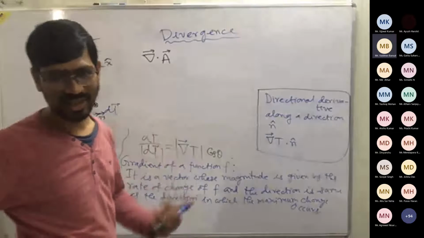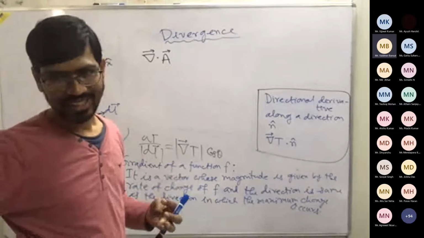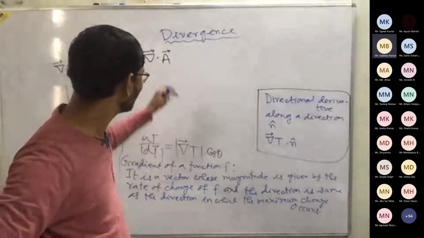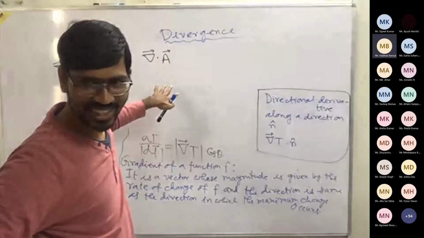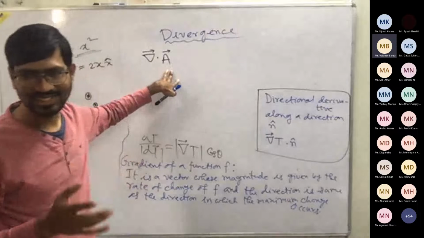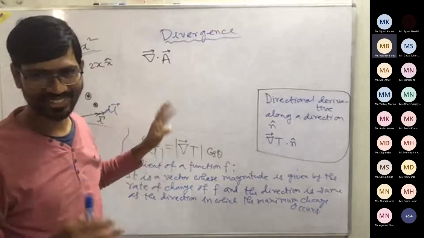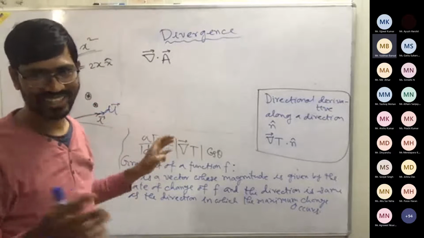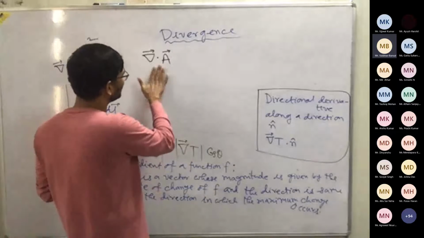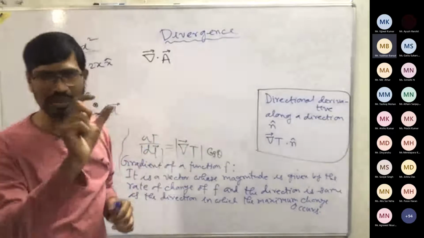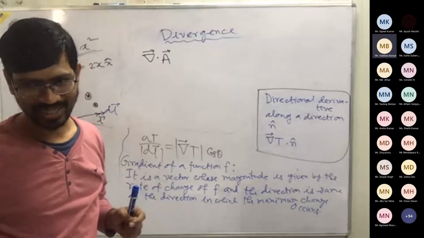It's a general quantity, a general function, a general field. In general it is three-dimensional. When I take A, B, C, they are usually vectors. When I take F or T, they are scalars. So this is the mathematical definition of divergence.